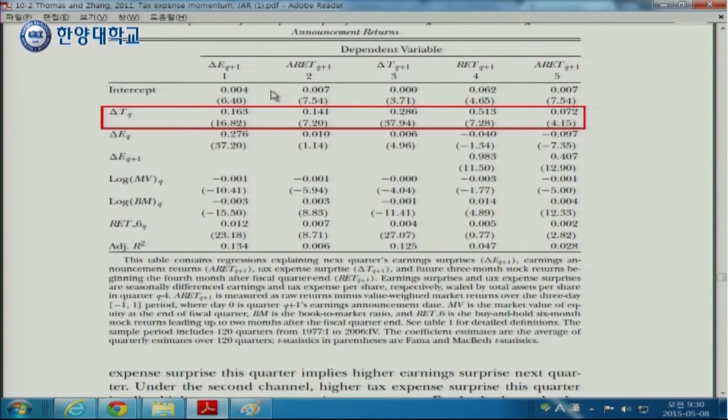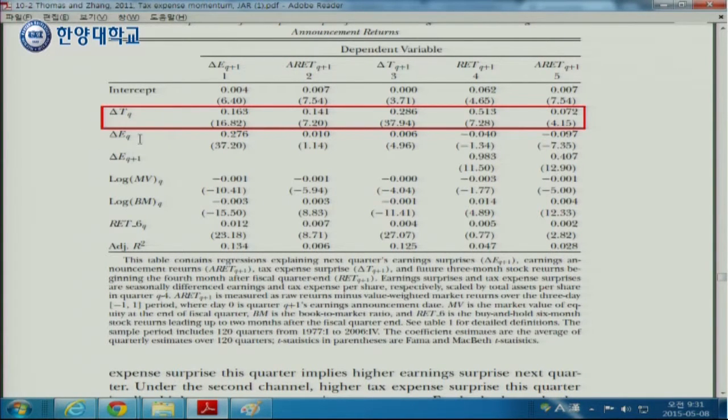Okay, so it means that tax expense surprise has some information about very core profitability, which is sustainable. And this result still holds after we take into account today's earnings surprise. Interesting, this one is insignificant, right? It is less than 2.